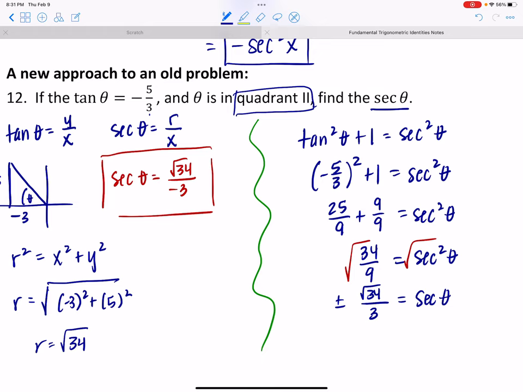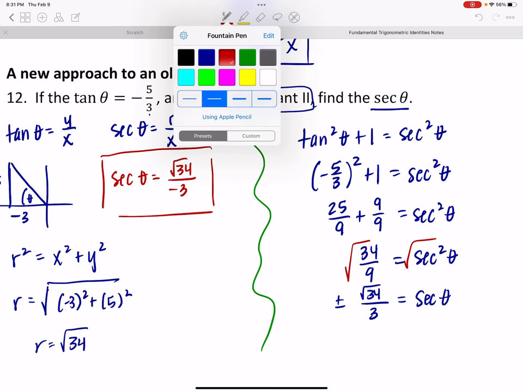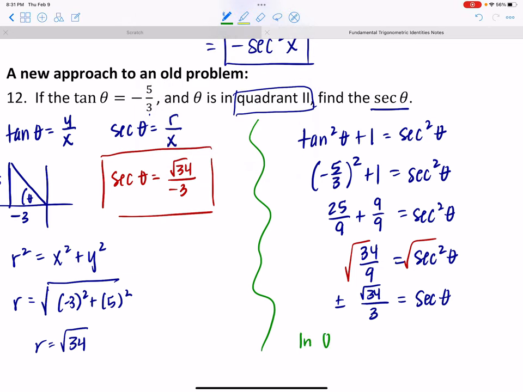So even though there's a plus or minus that's interjected when we solve, we have to remember that in quadrant 2, cosine and secant are negative. So we're going to say the secant of our angle is negative radical 34 over 3.